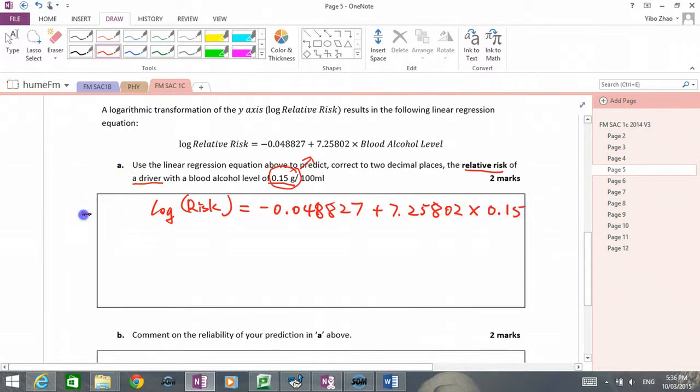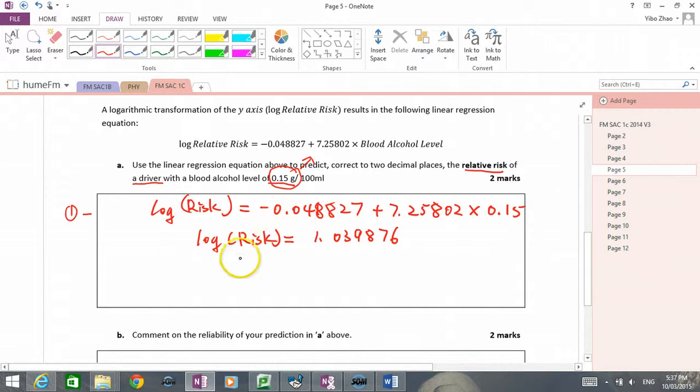If you're writing this down, you should get 1 mark, or you get at least half of the mark. Then what you can do is type all this in your calculator. You should have log risk equal to 1.039876. Or you get this, you get another half of the mark.